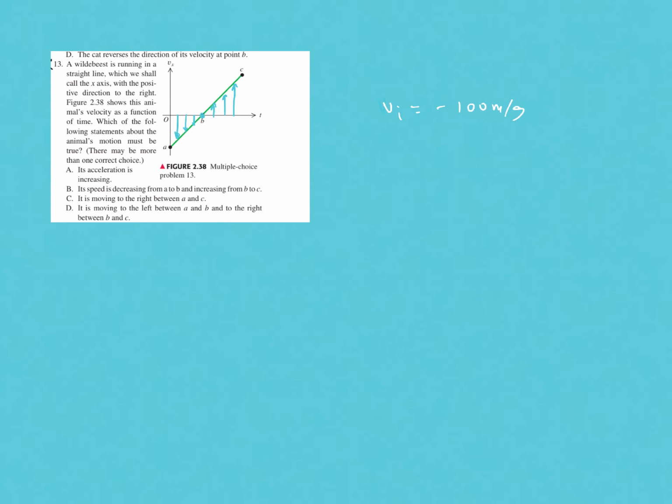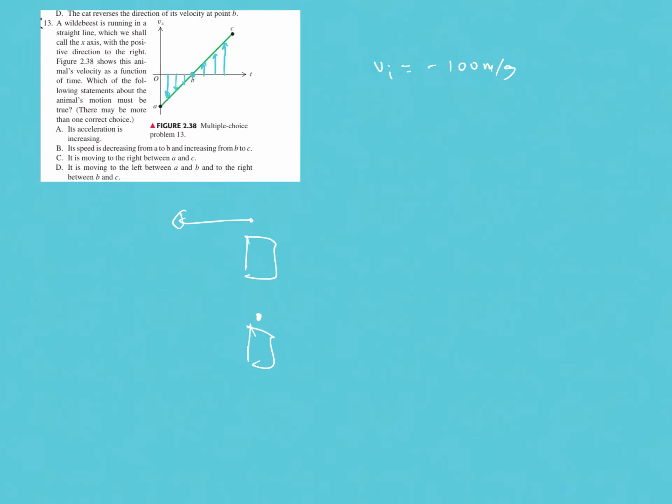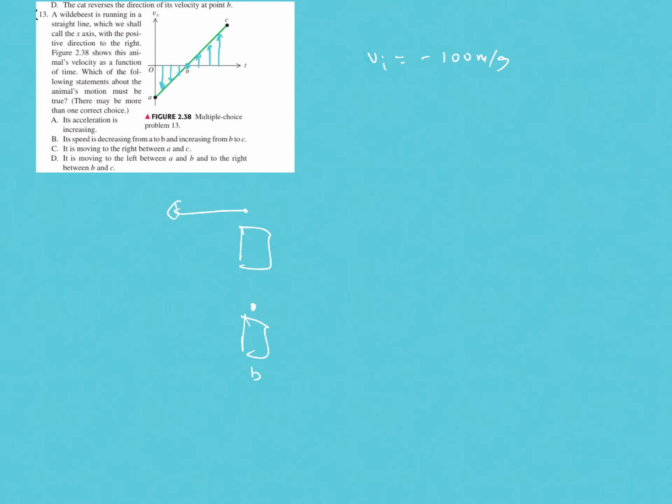So he was moving initially with a high negative velocity, going to the left. Later on, the velocity becomes 0 at point B. Later on, at this point, his velocity is positive, going to the right.